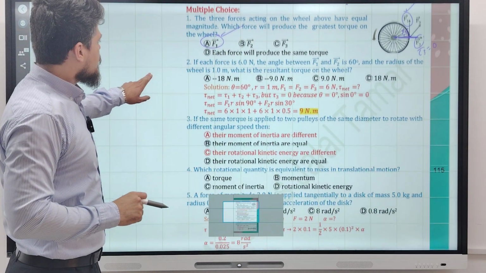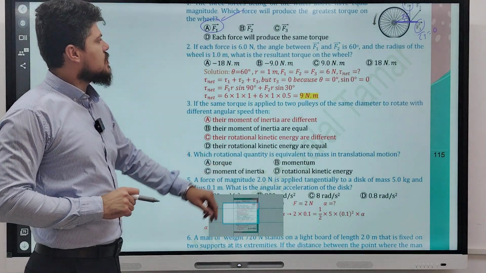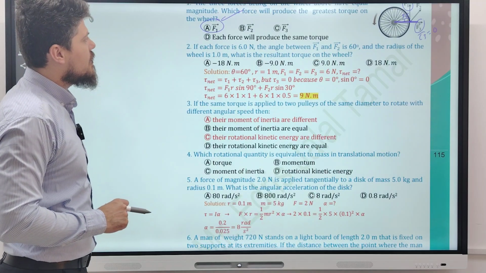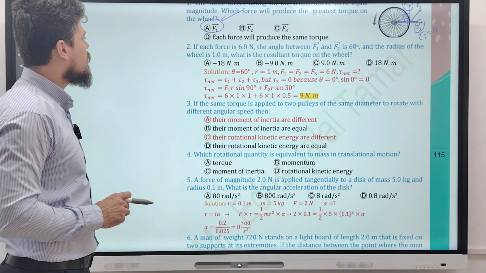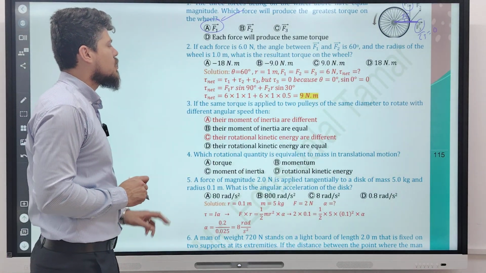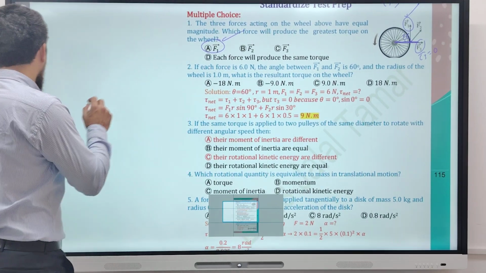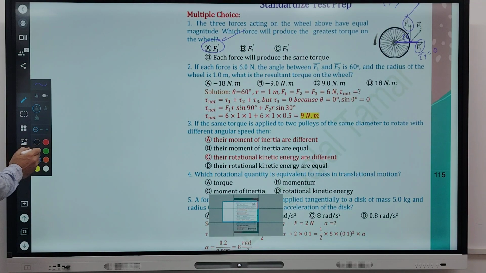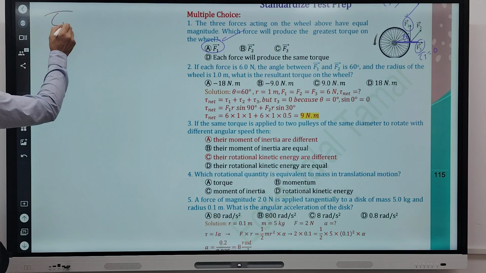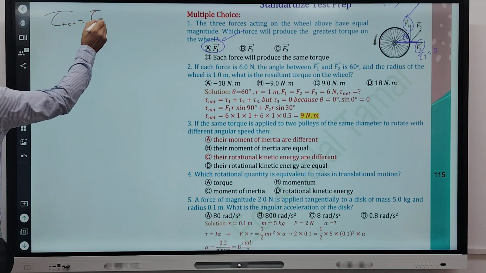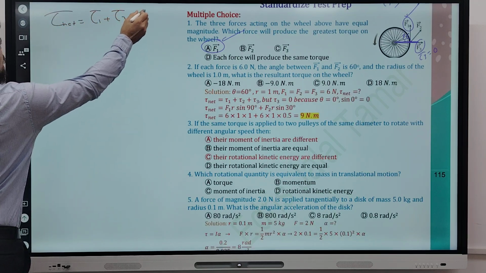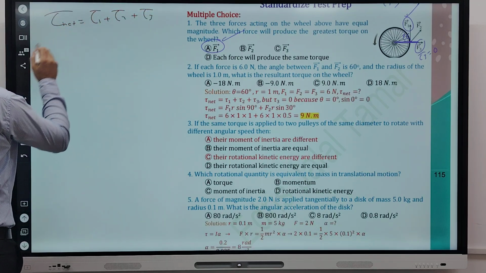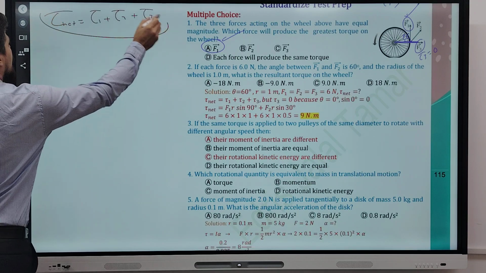Okay? If each force is 6 Newton, angle between F1 and F2 is 60, and the radius of the wheel is 1 meter, what is the resultant torque? To find the resultant torque, in this case, net torque is equal to torque number 1, number 2, number 3. Now we have to find one by one, okay?